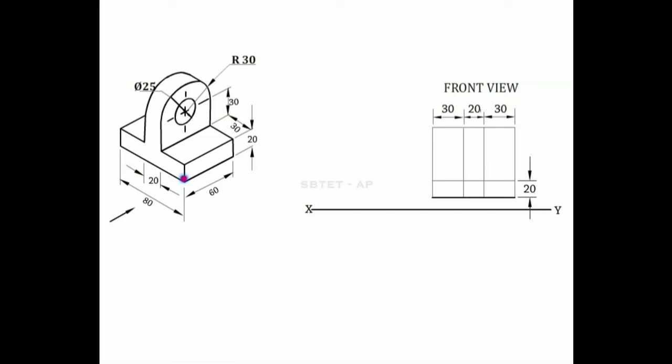In the front view, the vertical flange portion will be seen as a rectangle of size 60 mm by 20 mm. Show the hidden portion with dotted line. Draw the projectors vertically downwards and complete the top view.